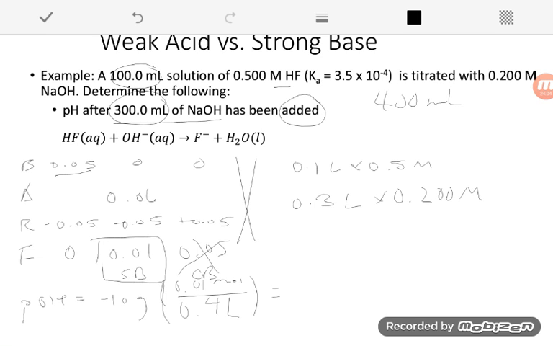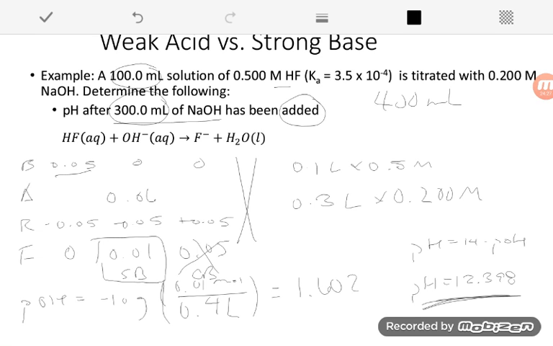So I can calculate my pOH, negative log of that ratio right there, and I find that my pOH is 1.602. My pH, of course, is just 14 minus the pOH, so my pH is going to be 12.398.